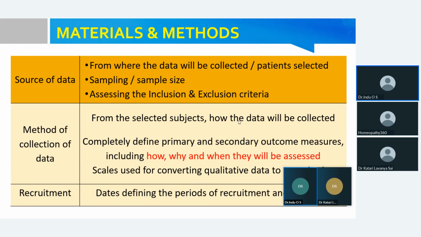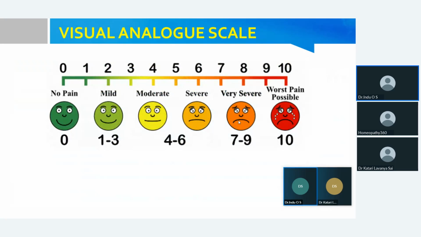The majority of people know this particular scale, I think, the VAS scale. Next slide, please. You can see the VAS scale, that is the visual analog scale, VAS in short.